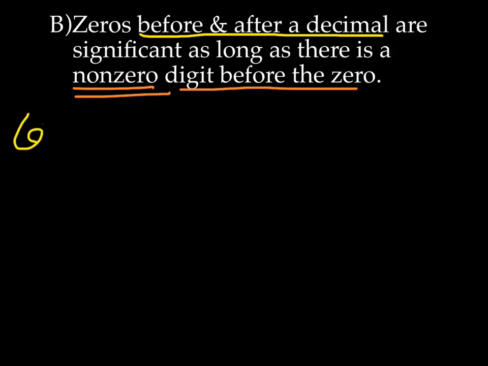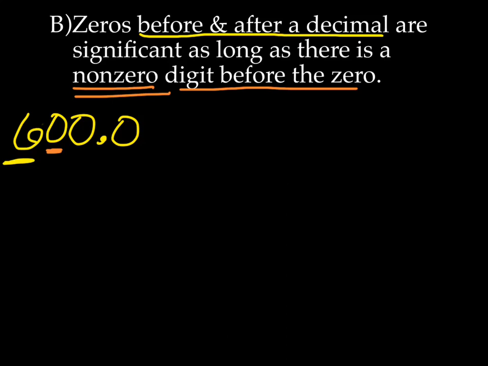We'll start with 600.0. Let's figure out which of these digits are significant. That's 6. Significant because it's a non-zero digit. All right, how about this first 0 here? Is it between two non-zero digits? No. But is it before or after a decimal?